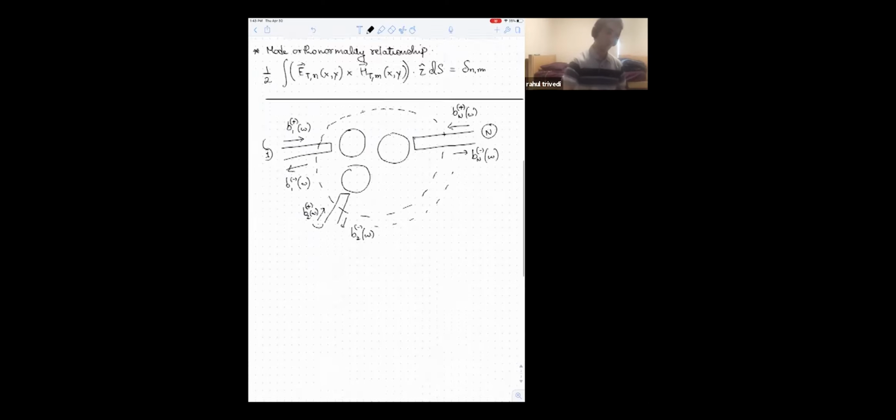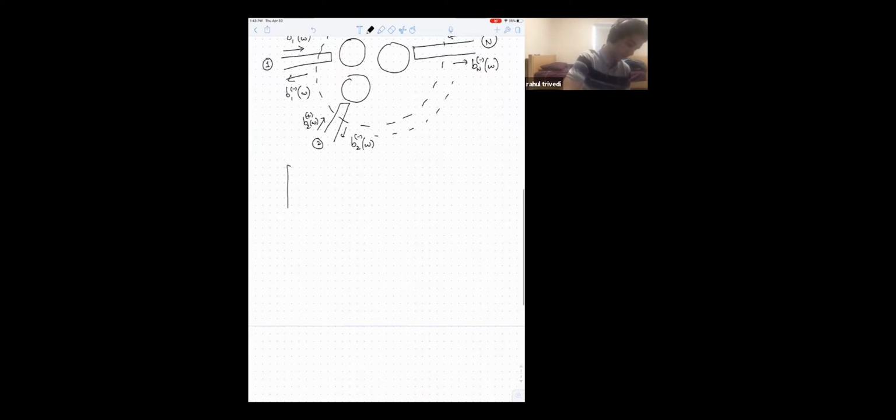And that matrix is called the scattering matrix. So we define the scattering matrix as a matrix that gives you the relationship between the input and output ports of this waveguide based device.